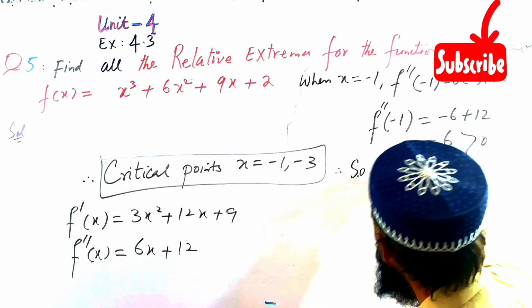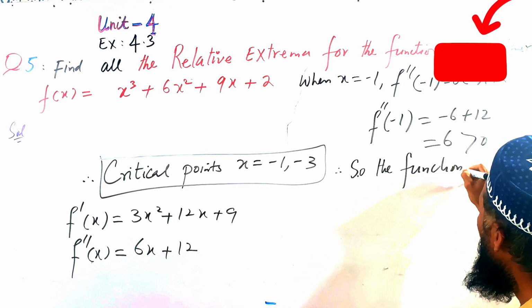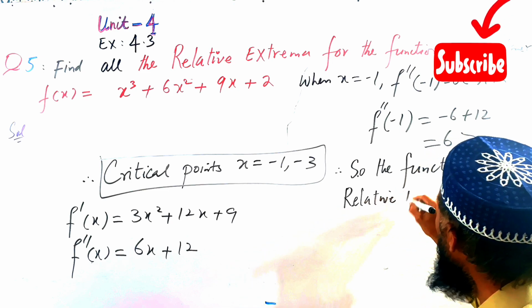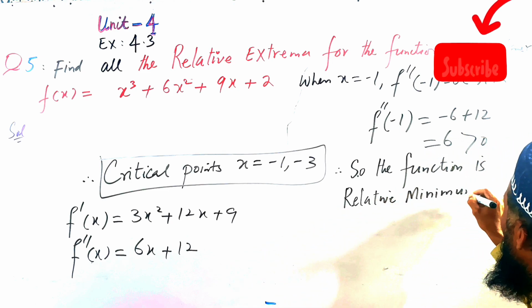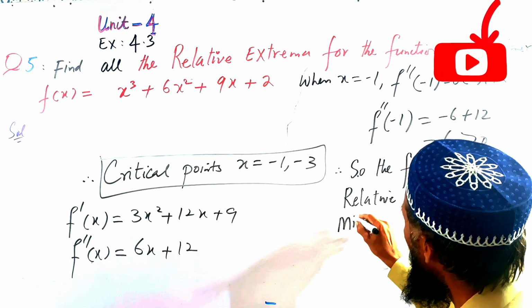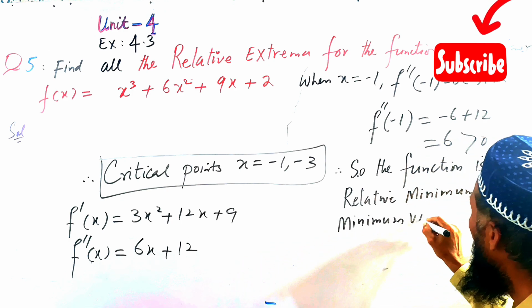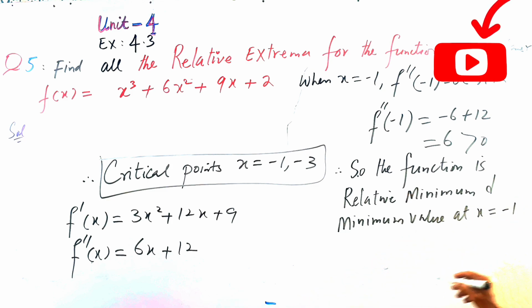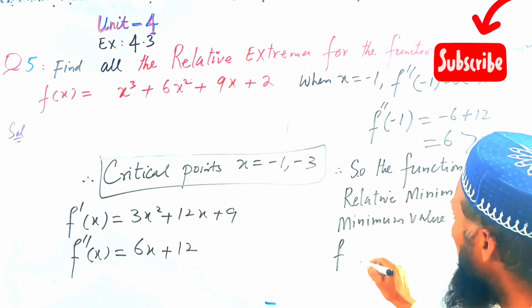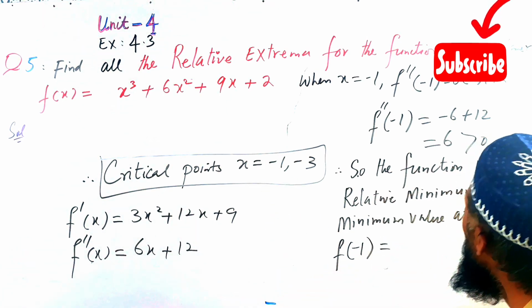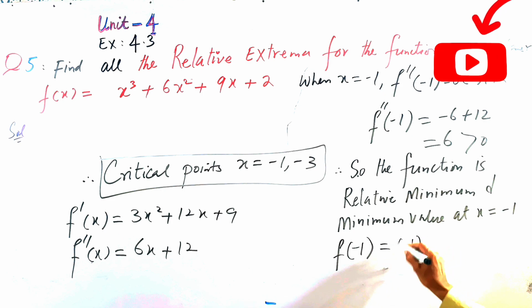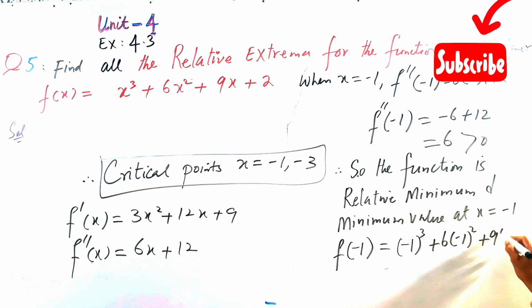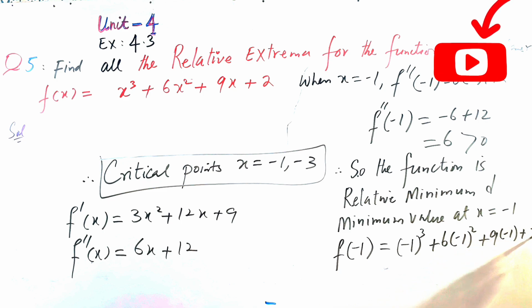So the function has a relative minimum, and the minimum value is at x = -1. In the original function we put x = -1: (-1)³ + 6(-1)² + 9(-1) + 2.